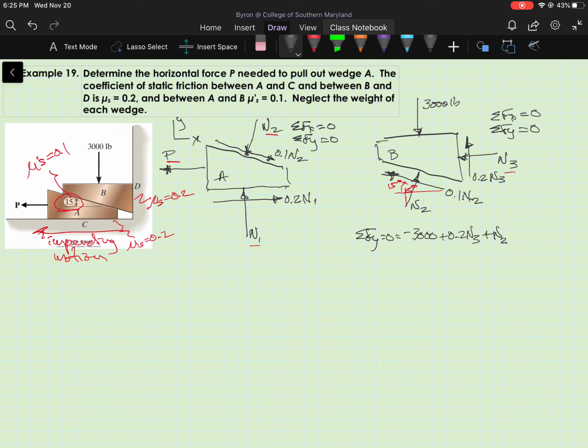Okay, so it's going to be N sub 2 cosine 15 degrees in the Y direction plus 0.1 N sub 2 sine 15 degrees in the y direction.